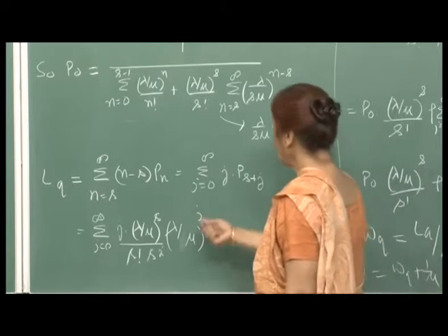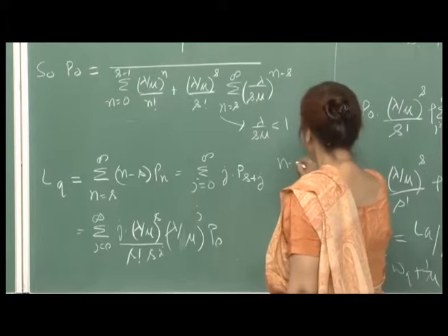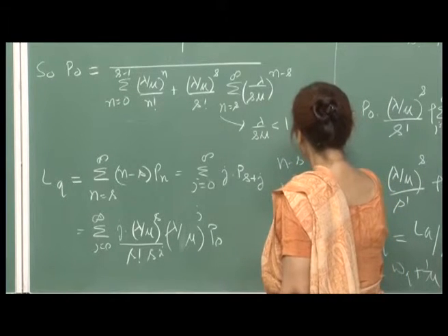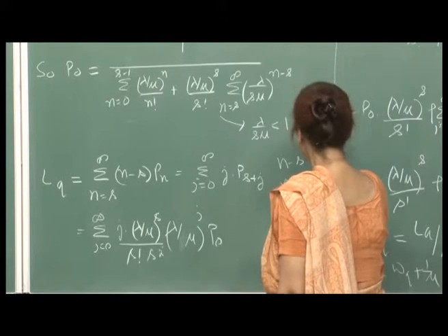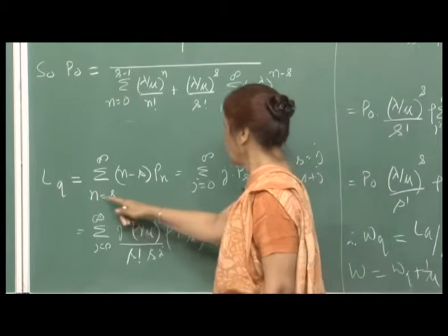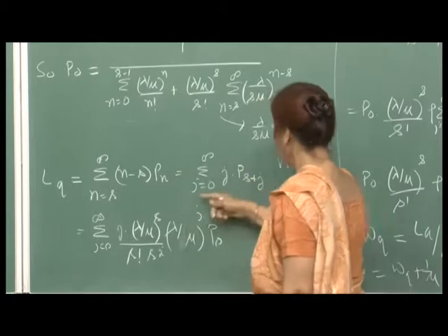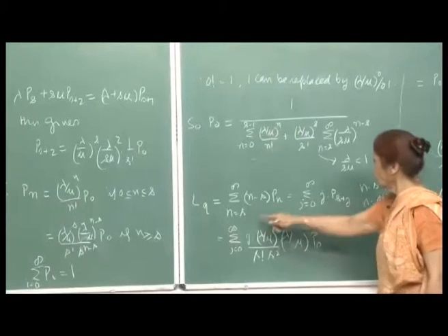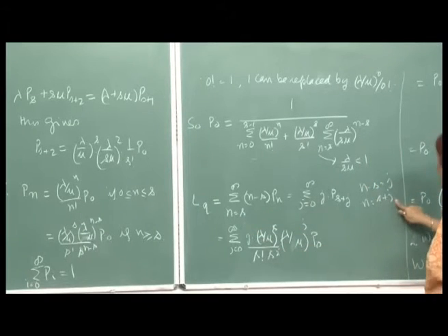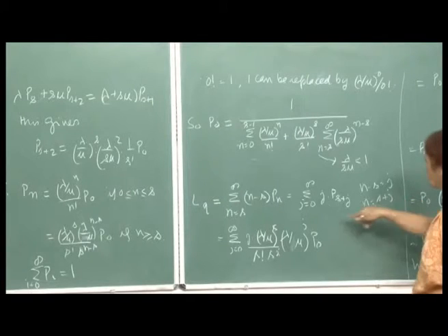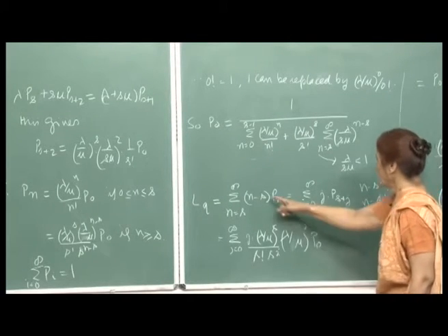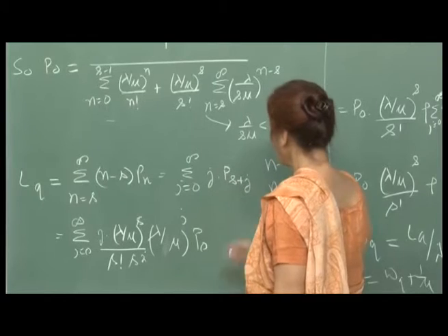And here if you want to write n minus s as j, then n is s plus j, right. So, therefore, you can then say that j varies from 0, because n is varying from s, to infinity, and this will be j into p of s plus j.